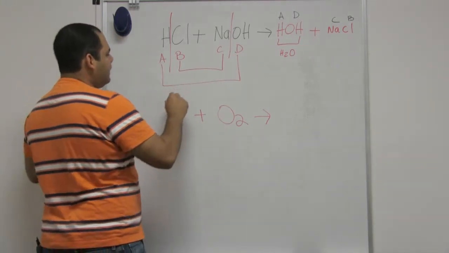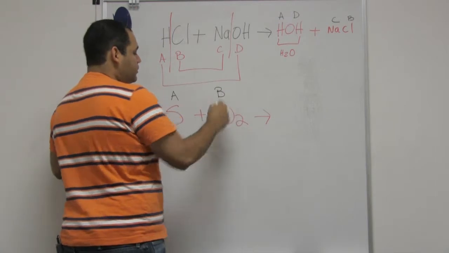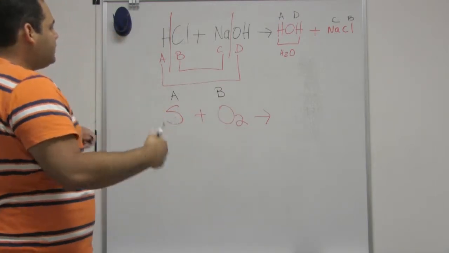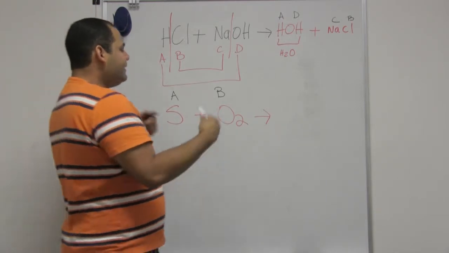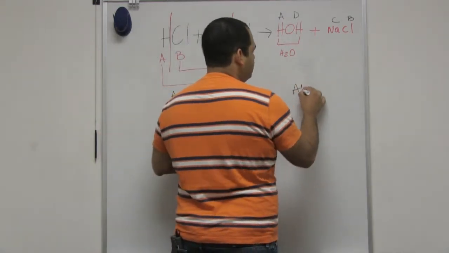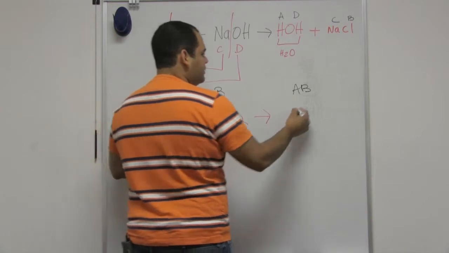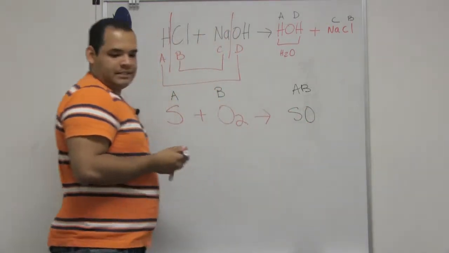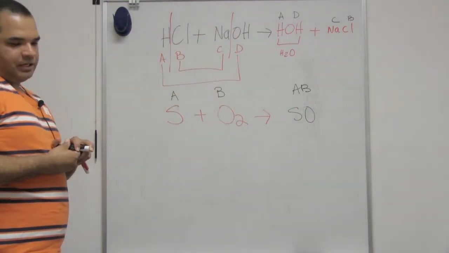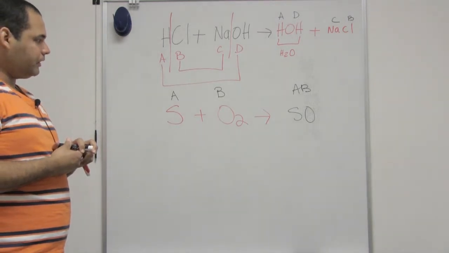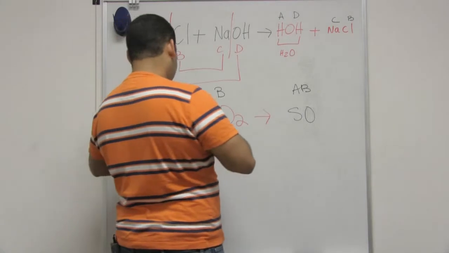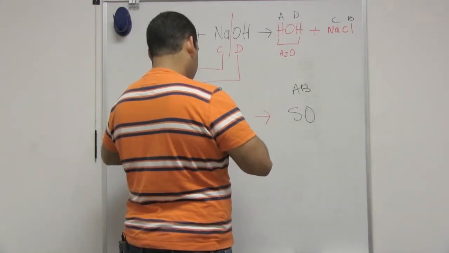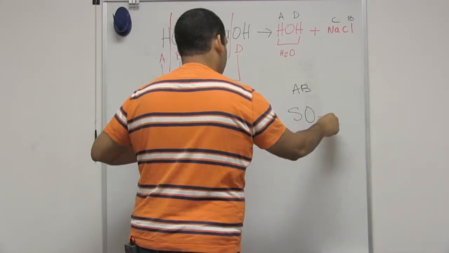So I have A and I have B. So I look at my notes and I say, well, if I have two elements, A and B, they combine in the final product, making the AB compound. So therefore, this is SO as my final product. SO2.